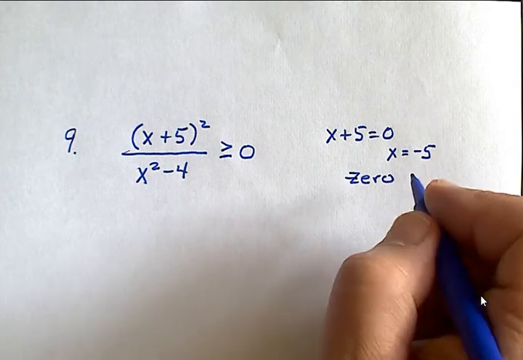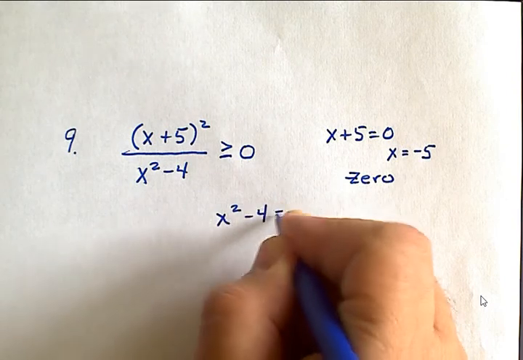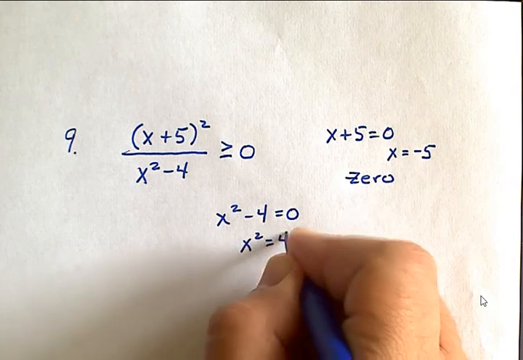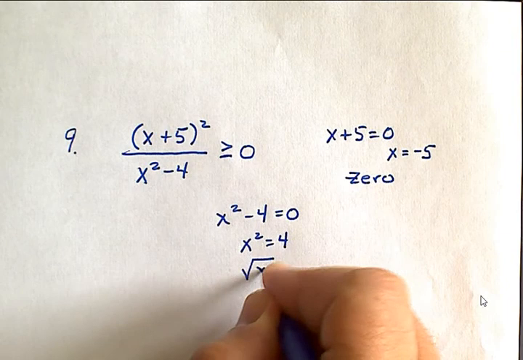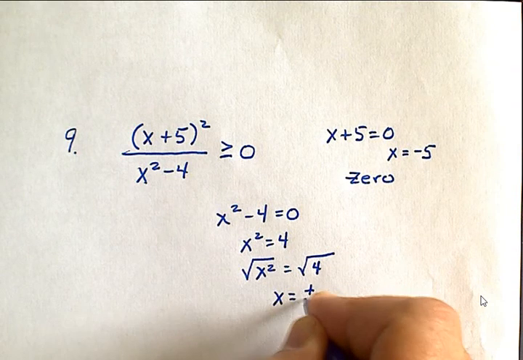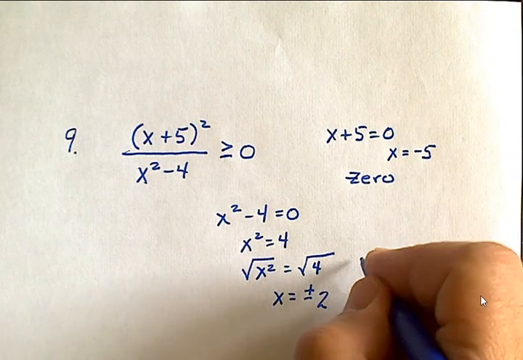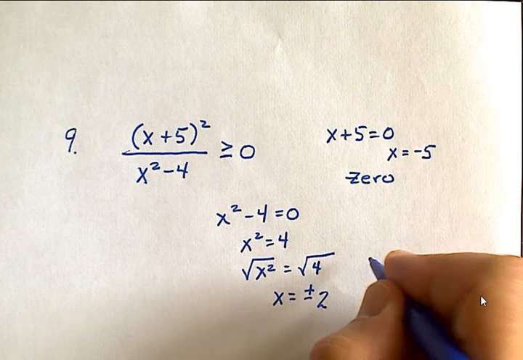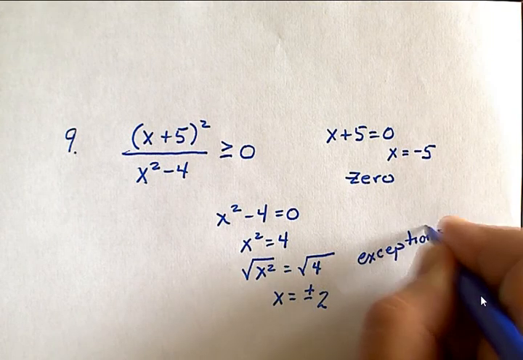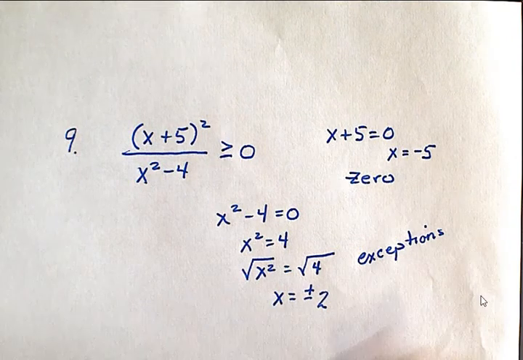Now when I set the bottom equal to 0, if you use the square root method, you get x squared equals 4. You square root both sides. You get x equals plus or minus 2. Those are, I'll just say, your exceptions to your domain. Now, it's the combination of zeros and exceptions that create your critical numbers.